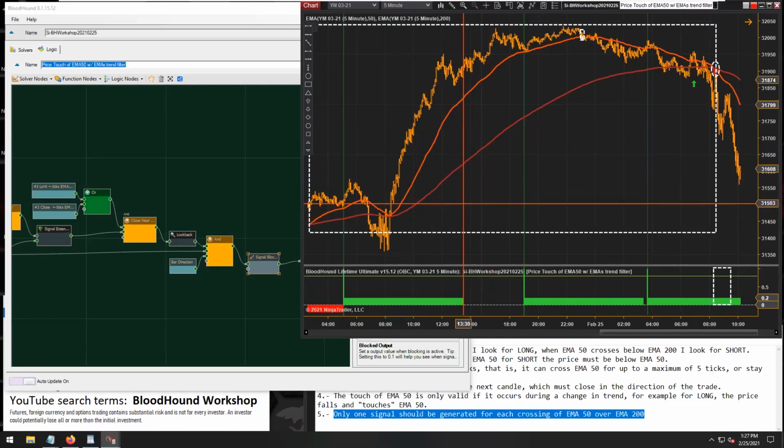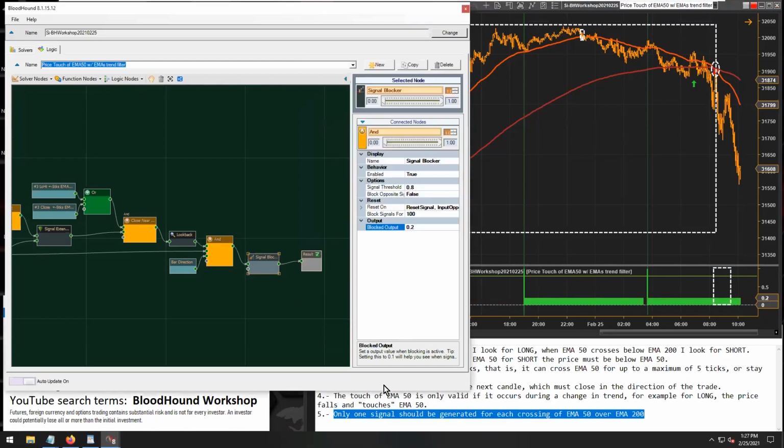Actually, 100 bars is not long enough. You see that partial output there? That's telling me that the signal blocker is blocking signals when I see this little partial output, this little blocked output.